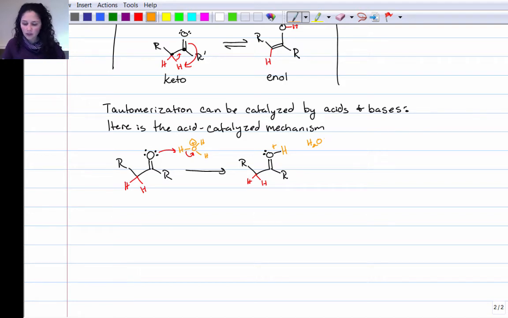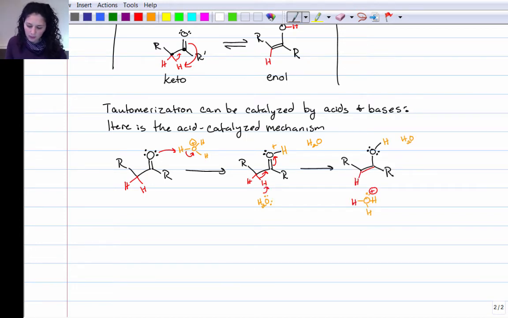Now this oxygen is electron deficient, and in order to satisfy the positive charge in the oxygen, this bond can break, and it can pull the electrons from this hydrogen-carbon bond with it. At the same time, this hydrogen falls off, and we can write it as if it's being accepted by another solvent molecule. So this is the mechanism going from the keto to the enol. And notice that the hydrogen that ends up on the alcohol does not necessarily have to be the same hydrogen that was attached to the molecule in the first place.